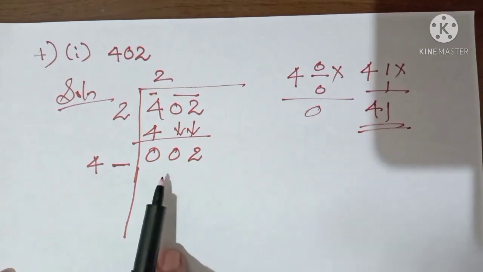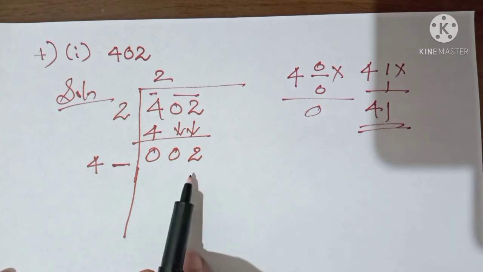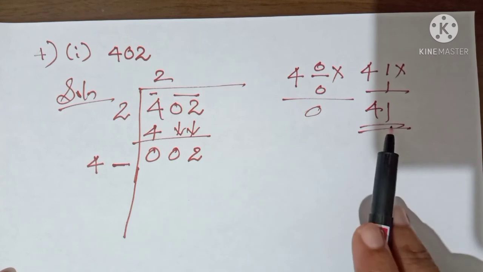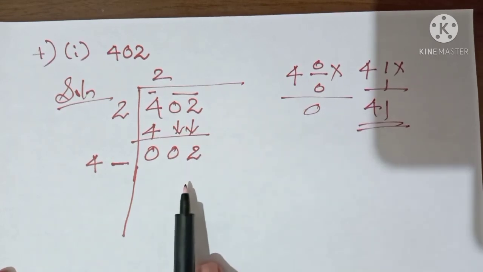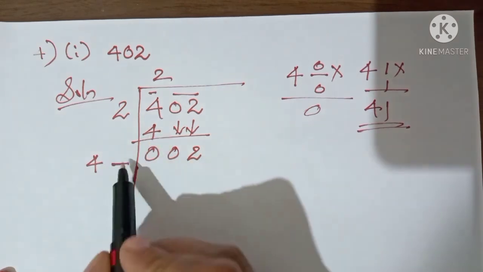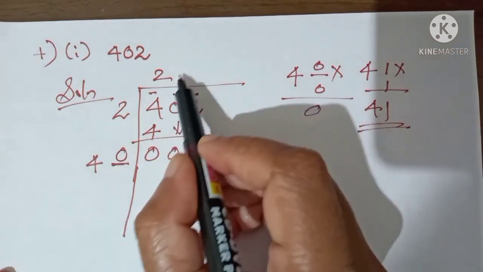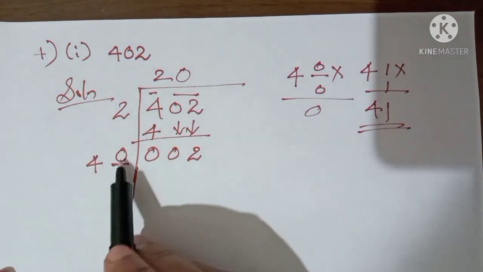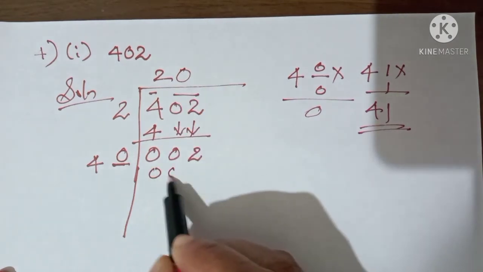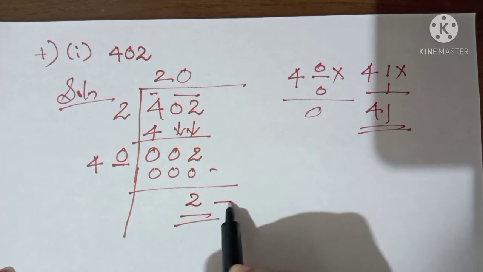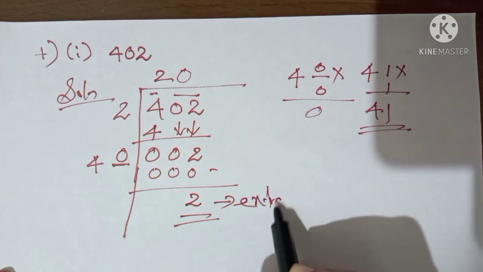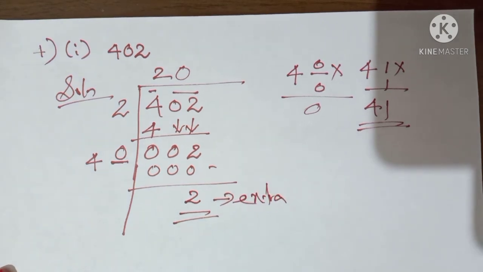But here we have 02, so I cannot write 41, because 41 is a greater number. So I will write 0 here, and here also I will write 0. So 40 into 0, 0. Subtract it, and you are getting 2. This is the remainder, and this is extra.